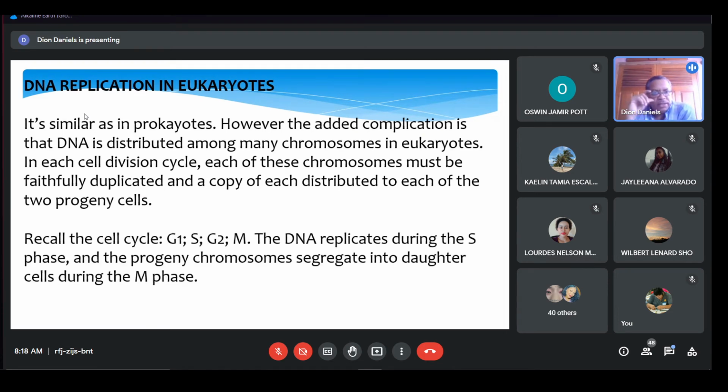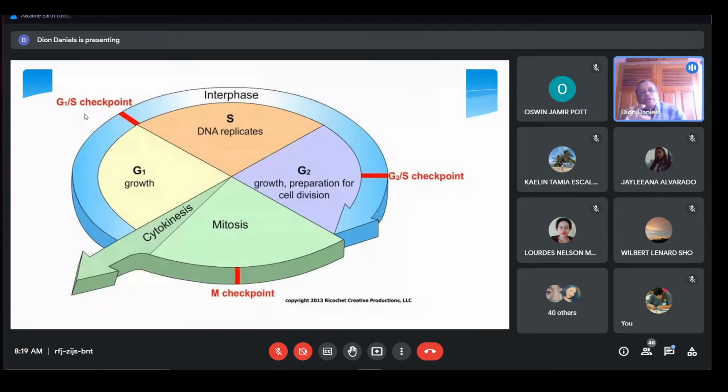So if you can recall the cell cycle, you have G1, S, G2, and M. The DNA replicates during the S phase, and the progeny chromosomes segregate into daughter cells during the M phase. So this right here is the entire cell cycle.